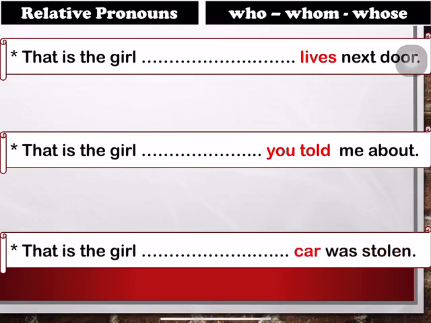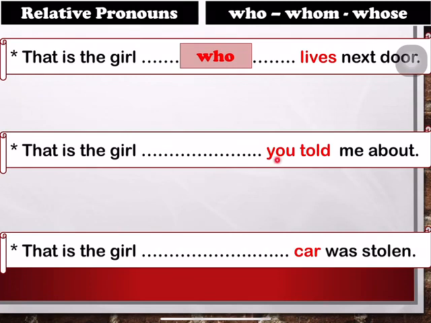I need to complete using who, whom, or whose. How am I going to do this? Let's try together. In the first one, if you look here, after the space, we have a verb. So, which one should be followed by a verb? Very good. It's who. So, in the second sentence, we have, after the space, you told me about.